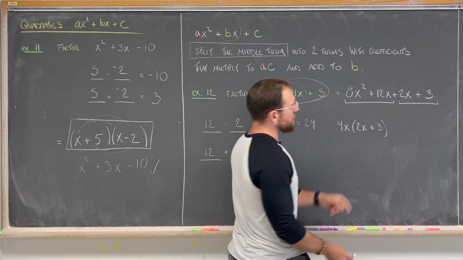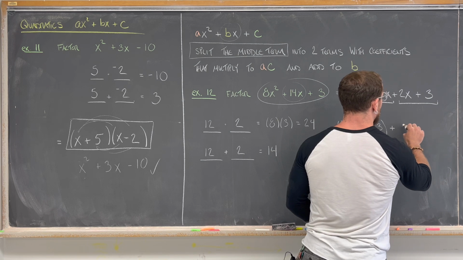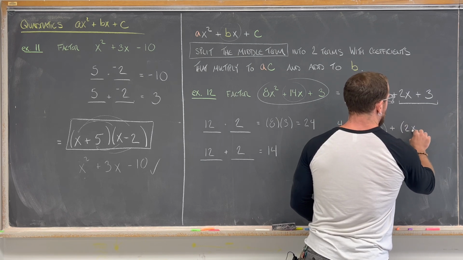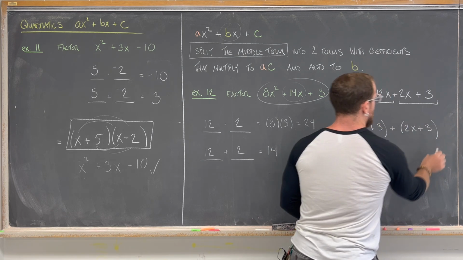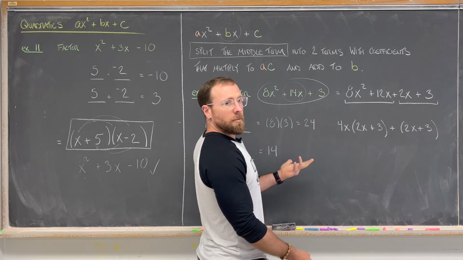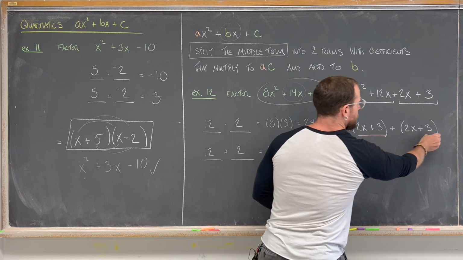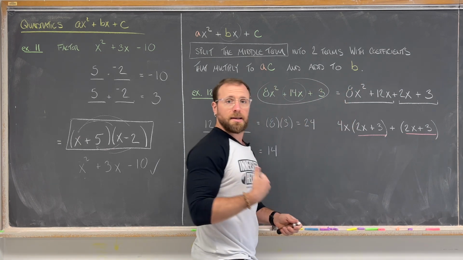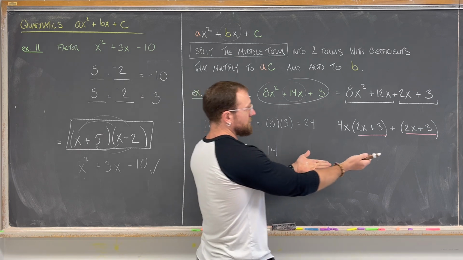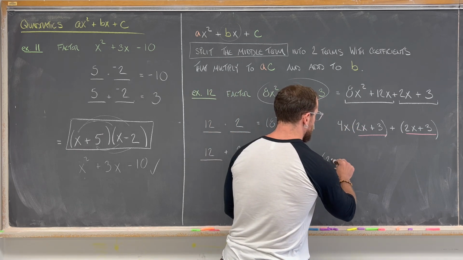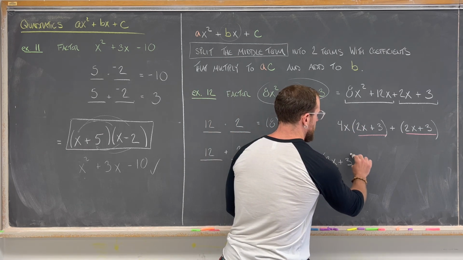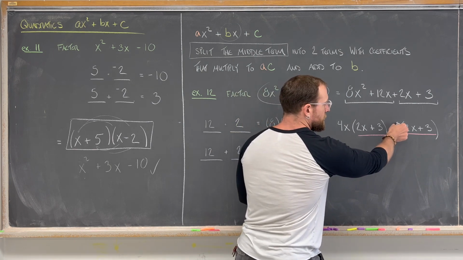Okay, well, over here, I have a 2x plus 3. All right, so what am I left with? Well, there's a common factor of 2x plus 3 here and here. So as factor by grouping goes, I'm going to pull out that common factor of 2x plus 3. Now notice that there is a coefficient of 1 here.